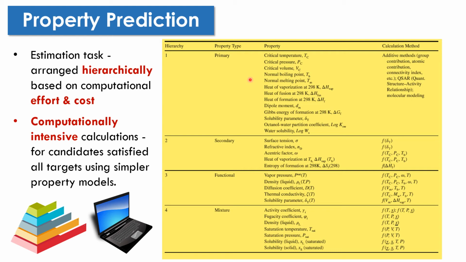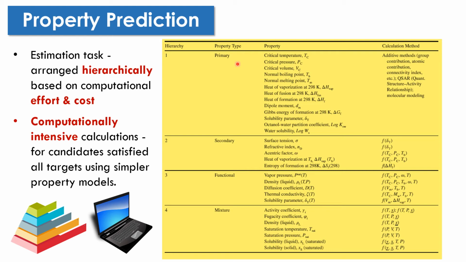So basically for hierarchy number one, we need to do 1,000 predictions because we have 1,000 compounds. Then by comparing the predicted values with the goal value or the constraint, we can exclude those which are not satisfying the constraint.